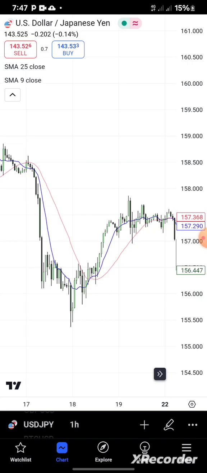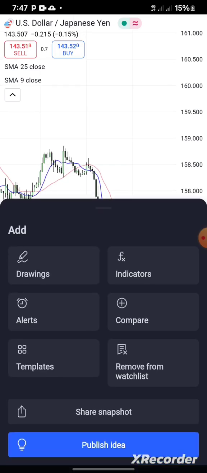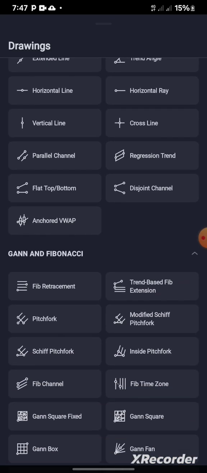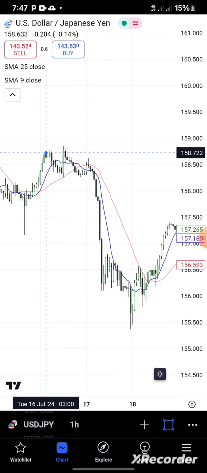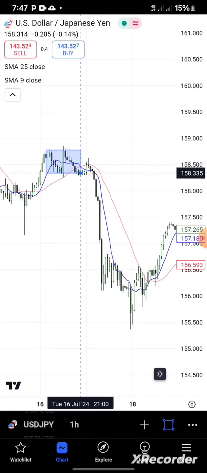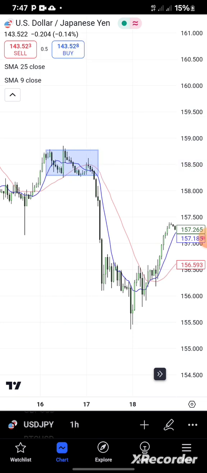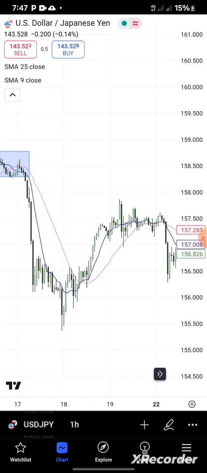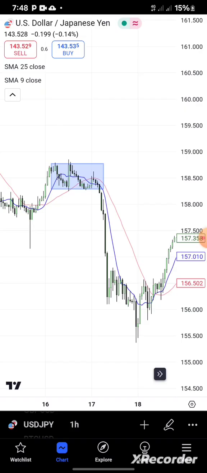Now, how do you identify supply zones? An example of a supply zone: you're going to identify a consolidation. Let me show you a consolidation like this one. Price is likely to hit that consolidation and move to the downside, but that is not the supply zone.